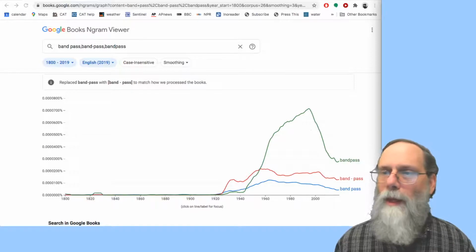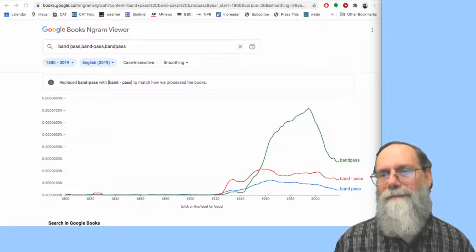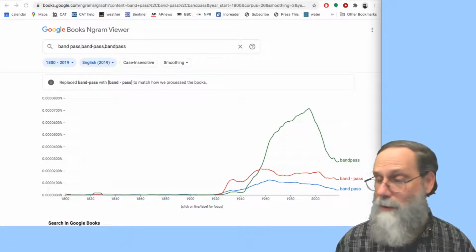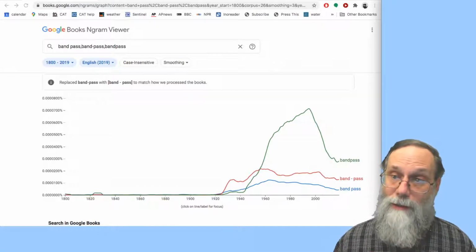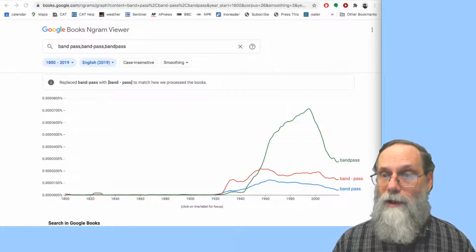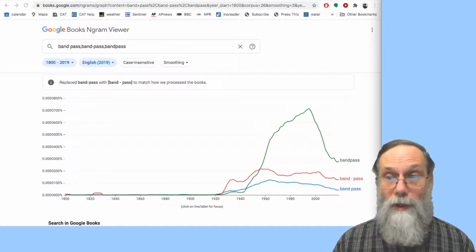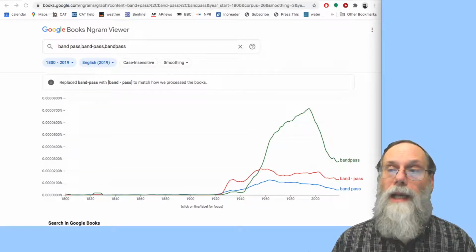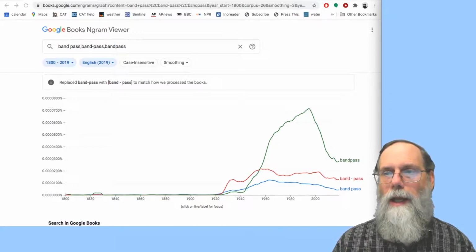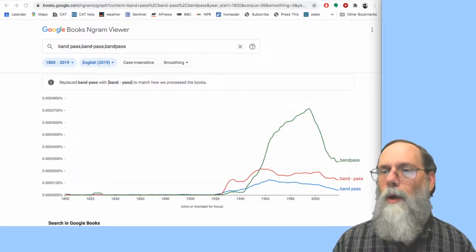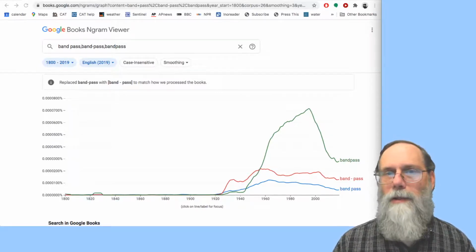So to keep that parallelism, I chose bandpass as a hyphenated word rather than as a single word. You can use whichever style you like as long as you're consistent. And I would recommend either the hyphenated or the single word unhyphenated for bandpass.